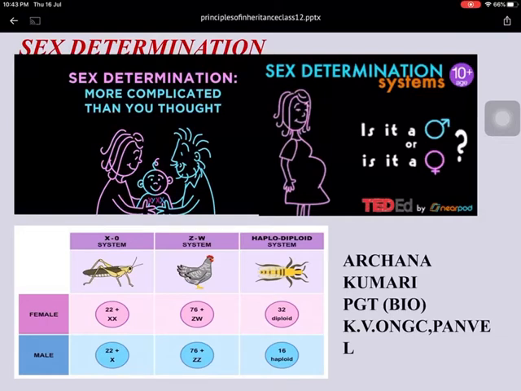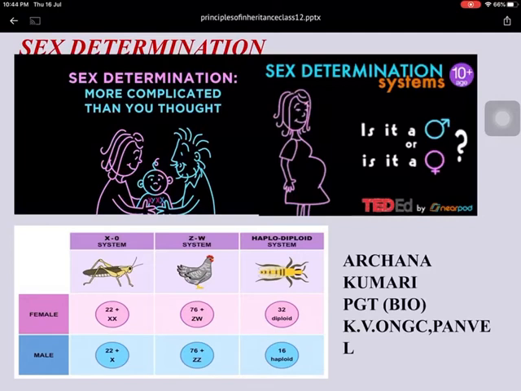There are three types of organisms found in nature, or rather three systems you have to study: homogamety, heterogamety and the haplodiploid system.